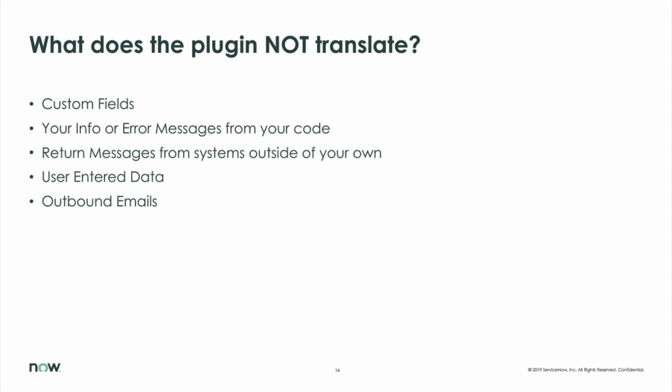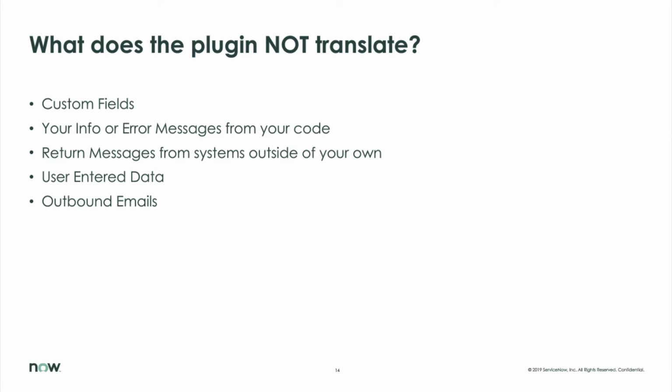So what does it not translate? Well, this kind of leads into what I was saying a moment ago, the knowns and unknowns. The unknowns: there's no way to know all the custom fields that you have put in your applications, or error messages, custom code, any of the user-entered data. A lot of those things you can't just automatically translate.